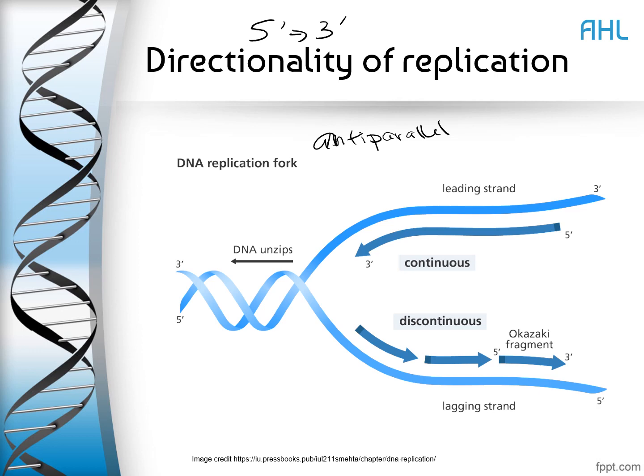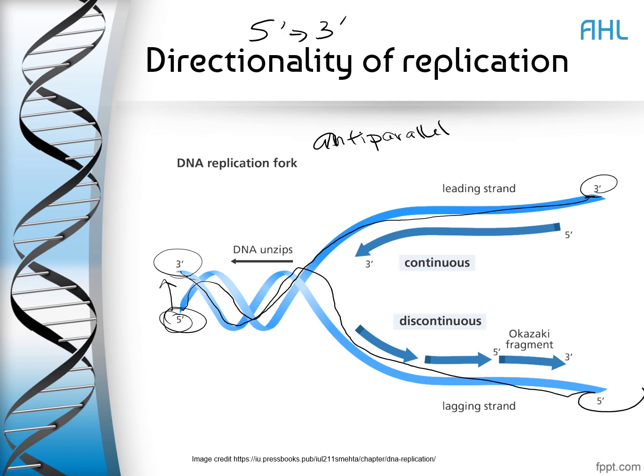So one strand of the DNA will have the 3' or deoxyribose end here, and then the opposite end of that strand will be the 5' phosphate end. The opposite strand will run in the opposite direction. So where I have 5' phosphate here, I have 3' carbon in deoxyribose, and then at the opposite side, we've got that 5' phosphate.